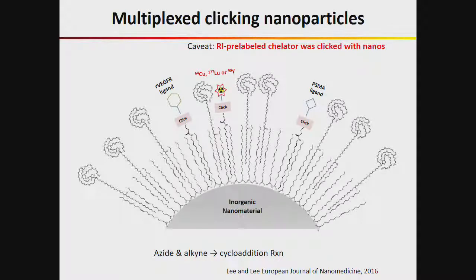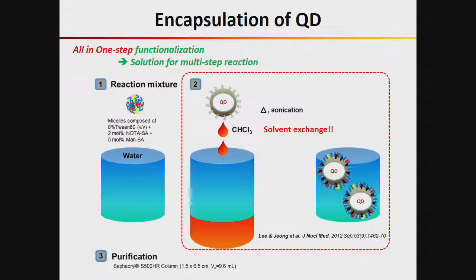That's our dream. Okay. So what kind of mechanism is working in encapsulation of quantum dots? It's just a pre-made micelle and also quantum dot, just mixing, vortexing, and column chromatography. That's it. So that was published almost 10 years ago now.